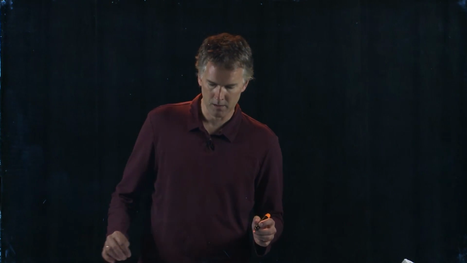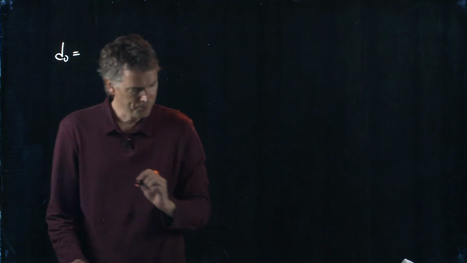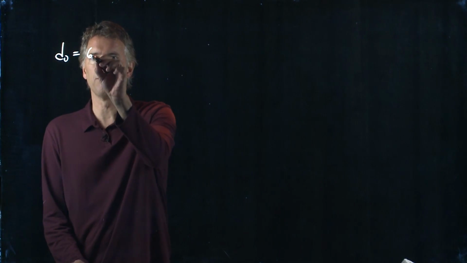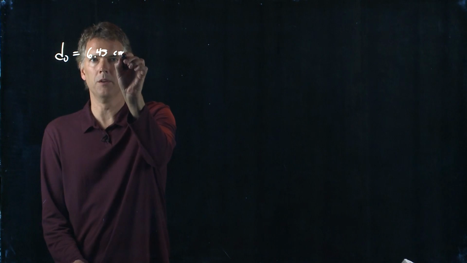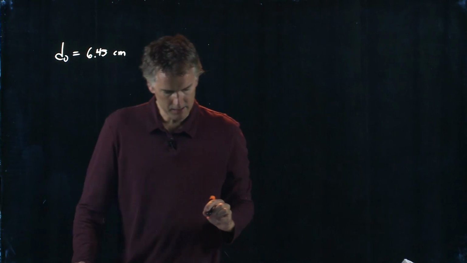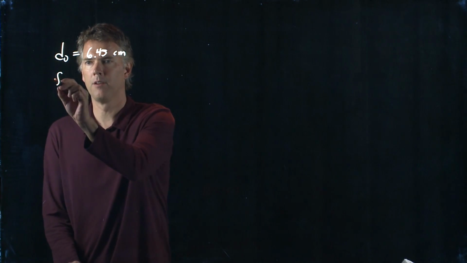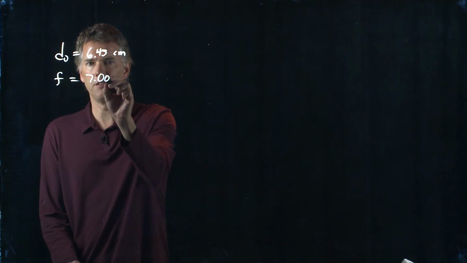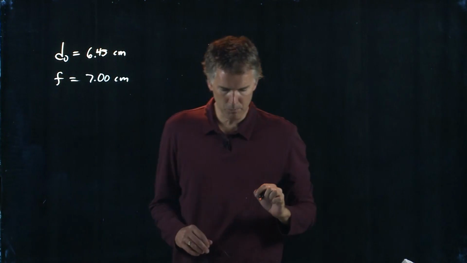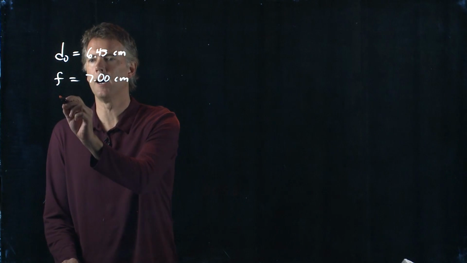Okay, so let's see if we can draw the picture, and let's put down the givens. They tell us that DO is 6.45 centimeters. They tell us F is 7 centimeters, and we need to find DI.